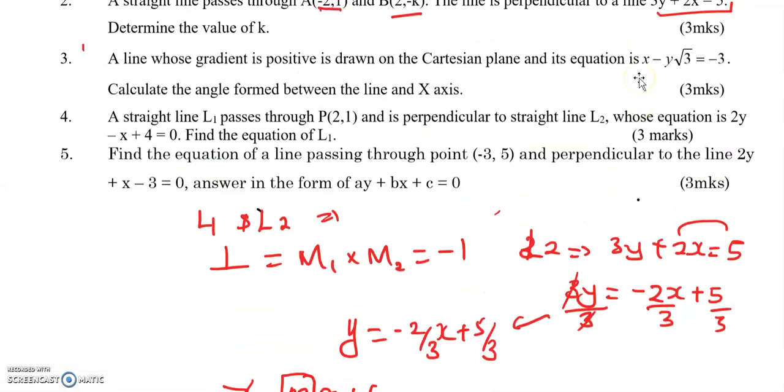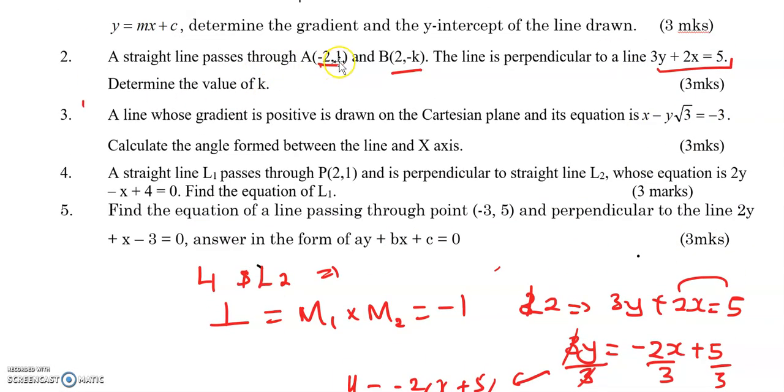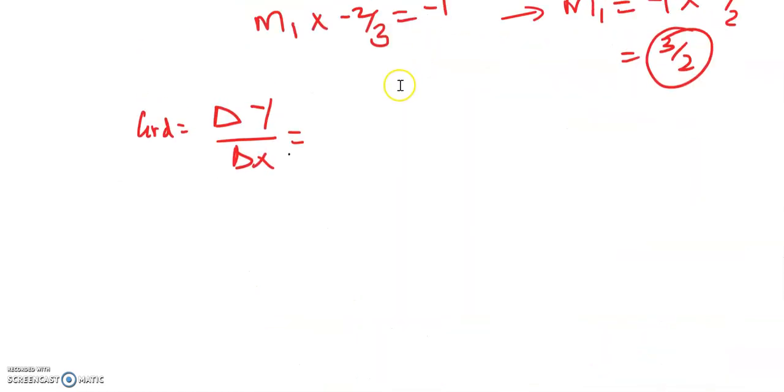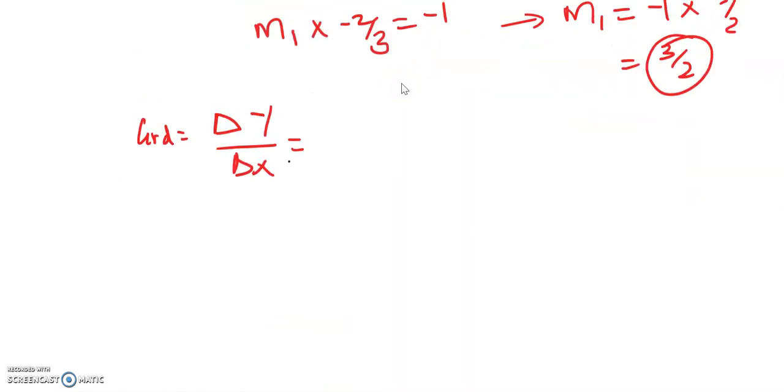What are the coordinates of the first line? We have negative 2, 1 and 2, negative k. So it is 1, which is the y coordinate, minus negative k, over negative 2 minus 2 for the change in x. This means we are going to get 1 plus k over negative 4.